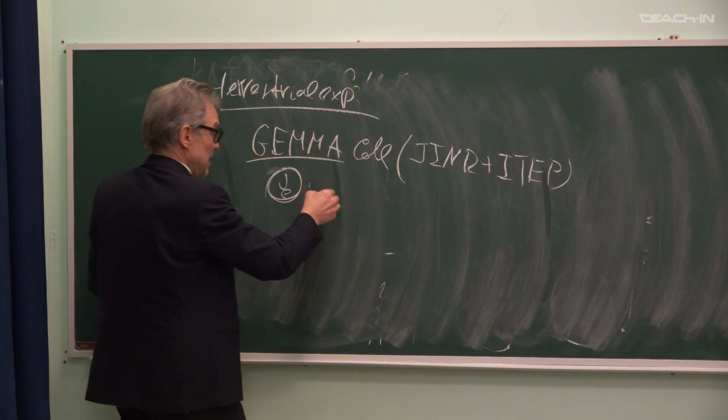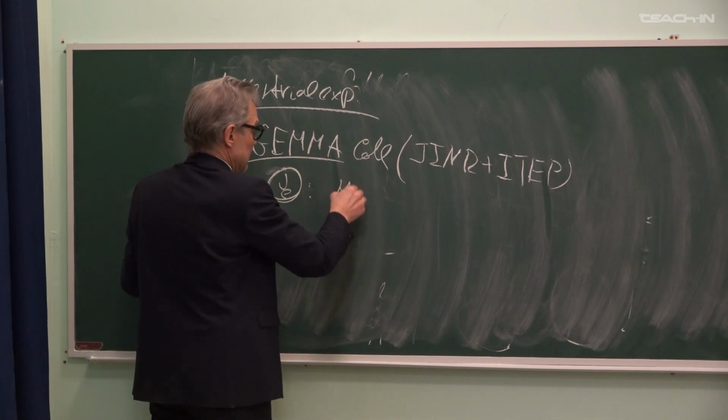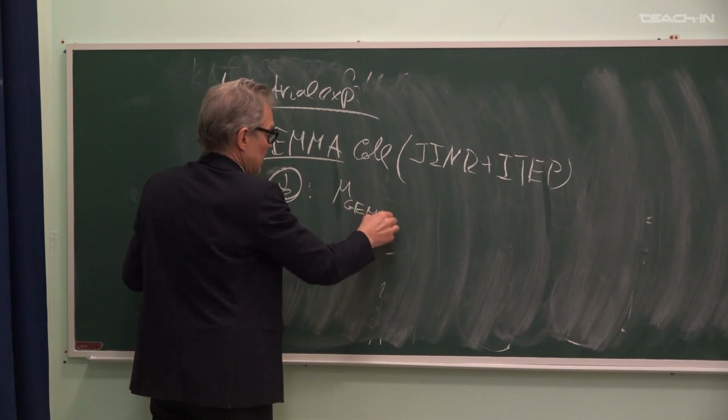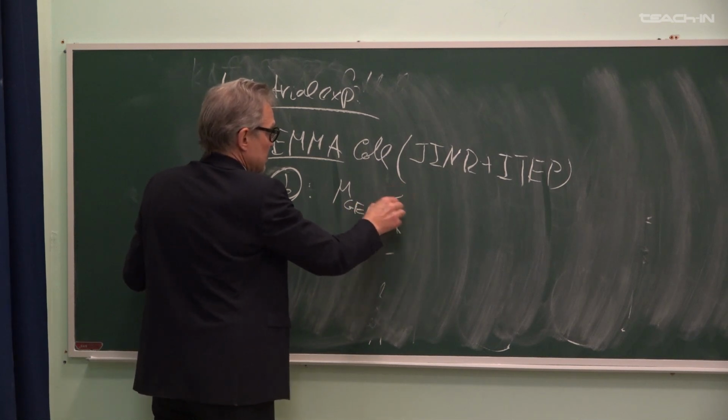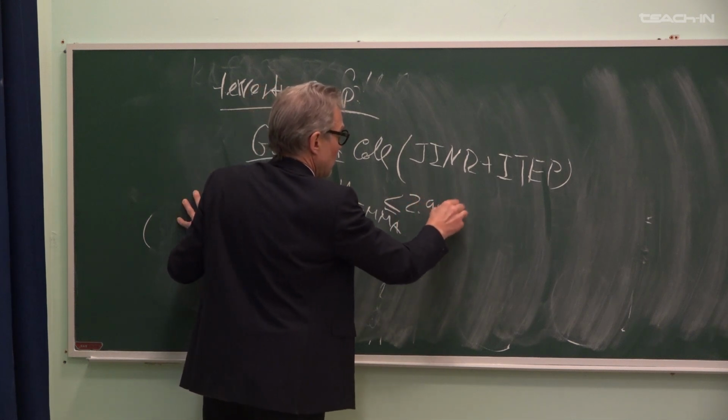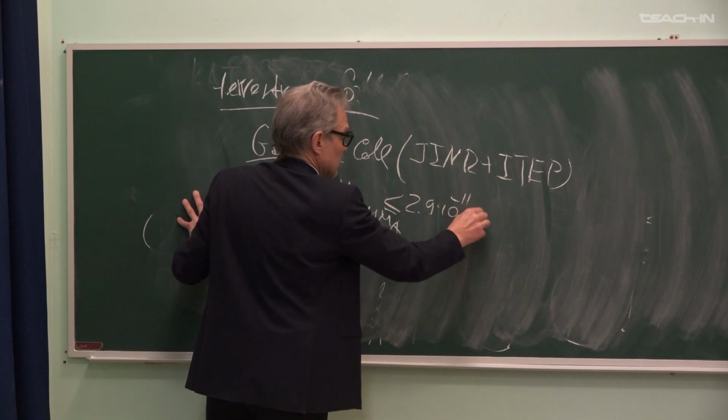And the limit that they get is like 2.9 times 10 to minus 11 Bohr magnetons.